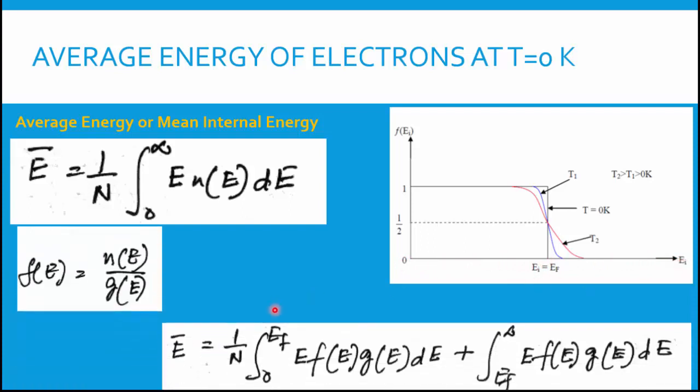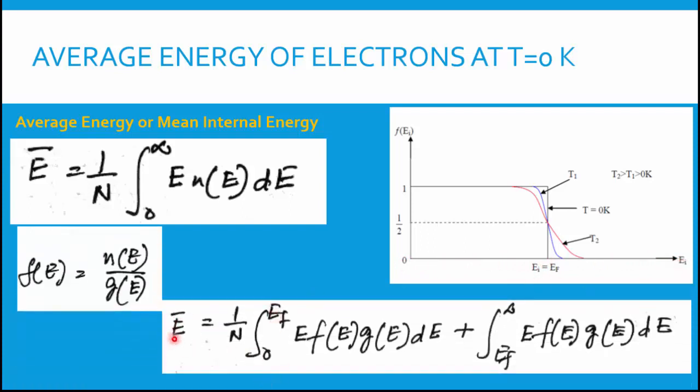So it looks like this: E bar equals 1 by N, integral 0 to EF plus EF to infinity. Now you may ask me where does this n(E), the number of electrons for that particular energy, go? I wrote it down as n equal to F into g. If you cross multiply this, you get this. So for every n in the integration, I substitute F into g, and I break the limit of the integration from 0 to EF, EF to infinity.